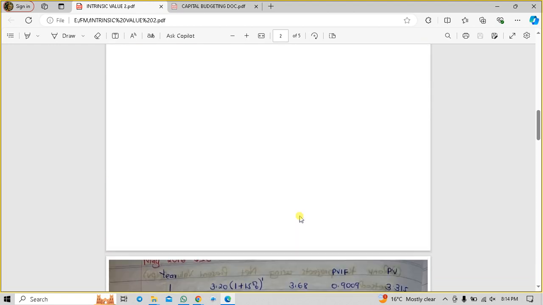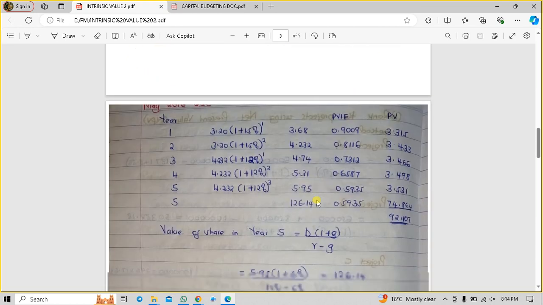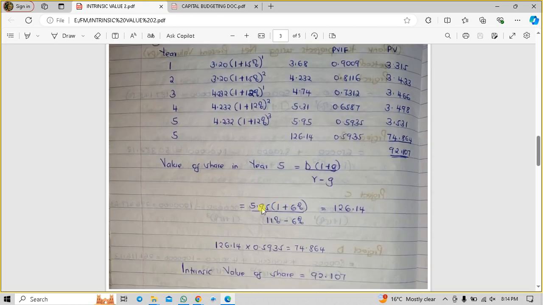These things are just in the question: the dividend will grow at the rate of 6% per annum indefinitely, so this is the growth rate, and the required rate of return is 11%, this is our R. So 5.95 into bracket 1 plus 6% over 11% minus 6%, you're supposed to get 126.14, which in this case will be the value of the share.